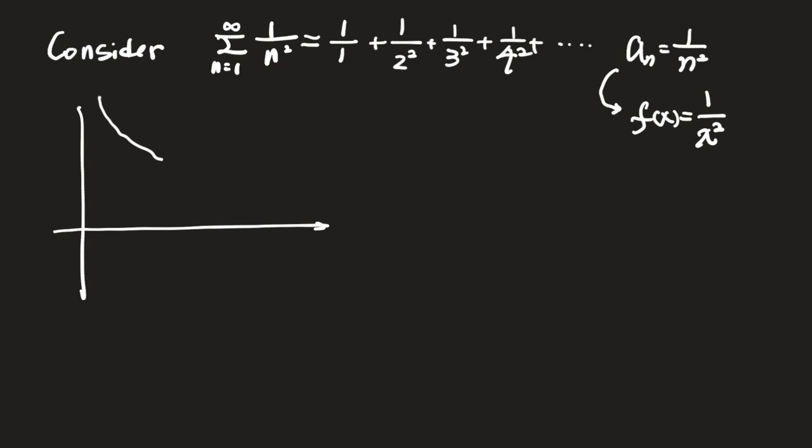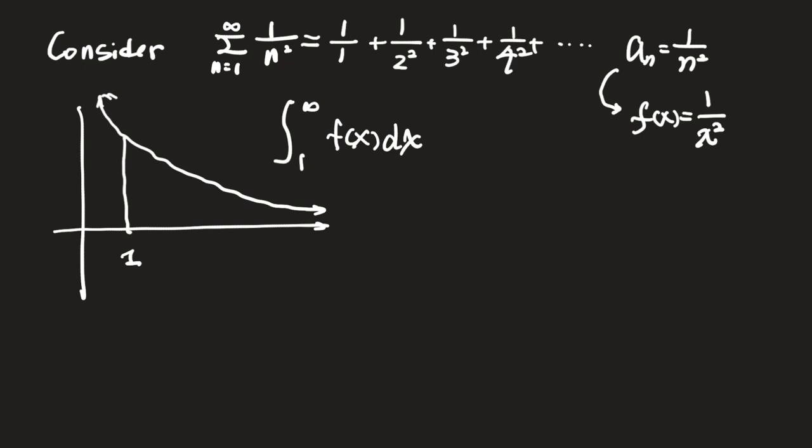So 1 over x squared right here. Then we consider the improper integral from 1 to infinity, the integral of f(x) dx. What is meant by this improper integral in the graph?